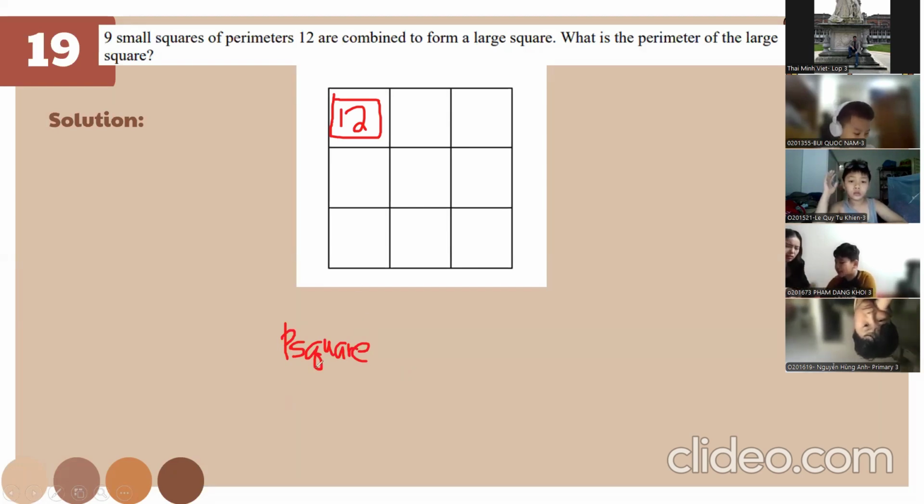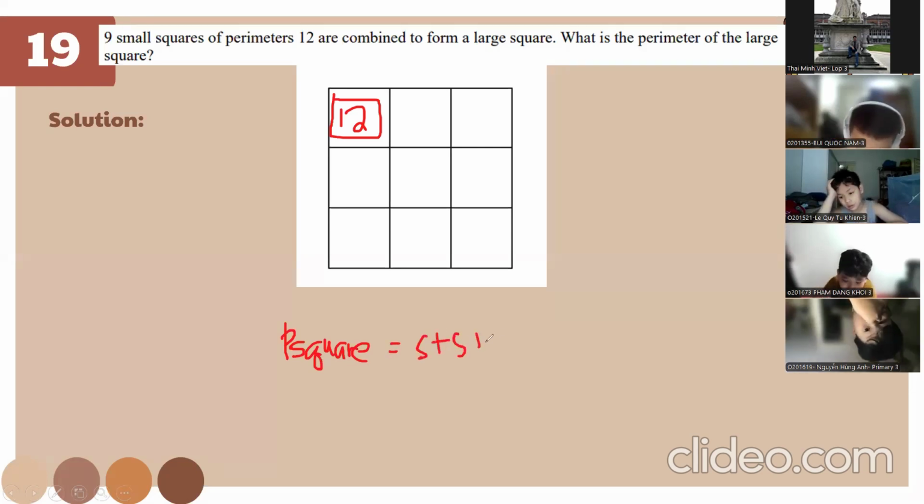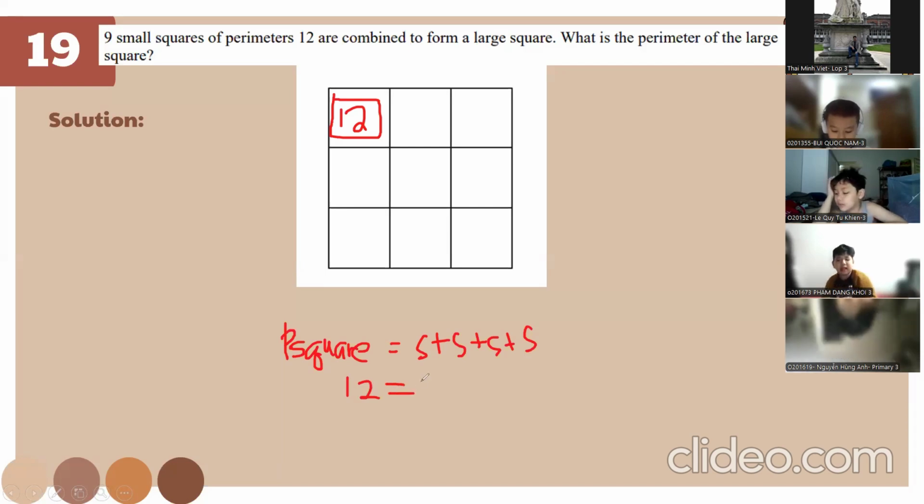Okay. It's B times 4. Okay, or S times 4. Or S plus S plus S plus S. So, if it is 12 here, the perimeter, so it should be given that the side is 3 plus 3 plus 3 plus 3. Right?